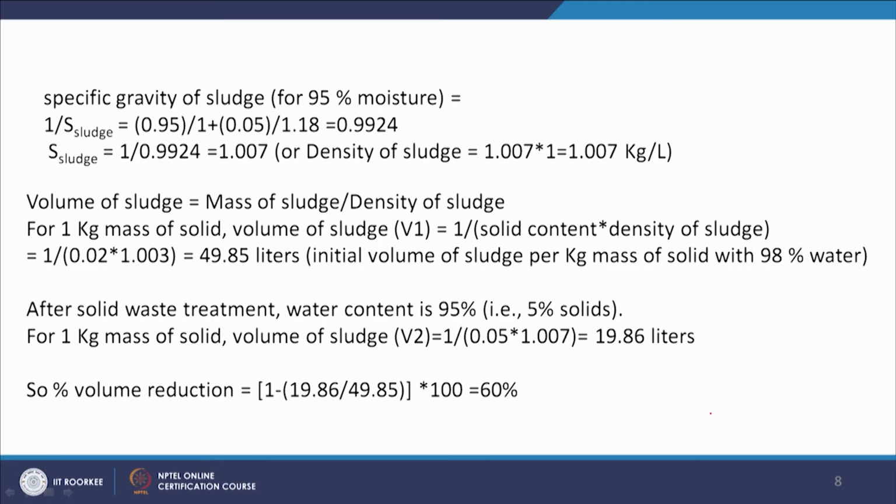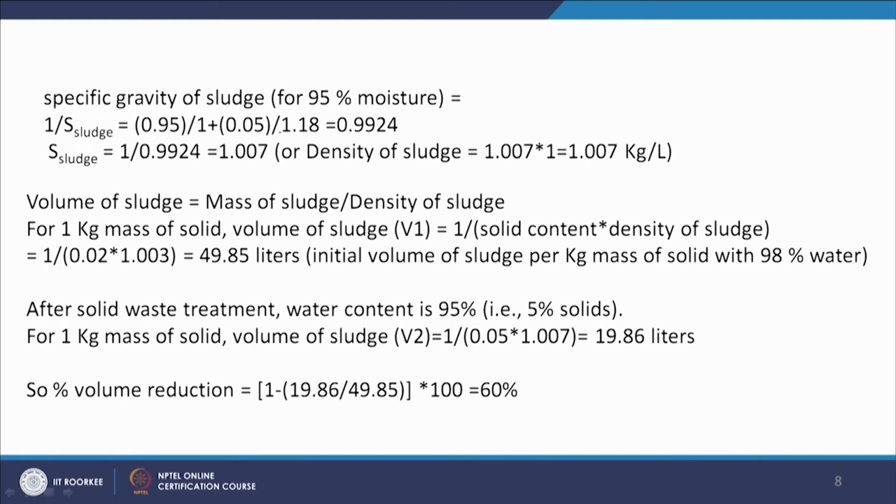So, this is for case 1, and for the second case, specific gravity of sludge when 95% moisture is present, again the same formula we will use: 1 by S sludge equal to 0.95, that is moisture, by 1 plus 0.05, that is the total solid, divided by 1.18.